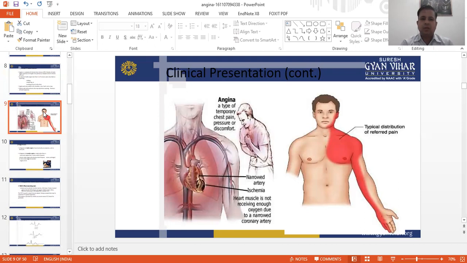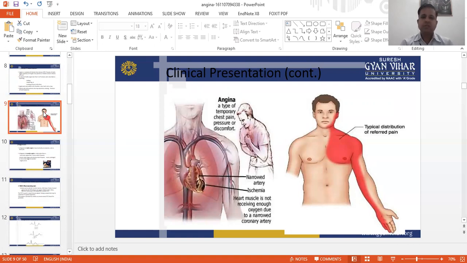Now, in this image, we can see the clinical presentation of angina. Angina is a type of temporary chest pain, pressure, or discomfort.